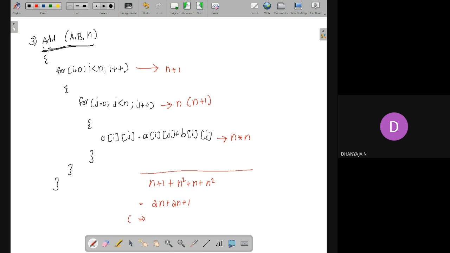So this will execute order of n square time. That means the time complexity and space complexity will be based on big O of n square. Yes or no? Are you agreeing with that?